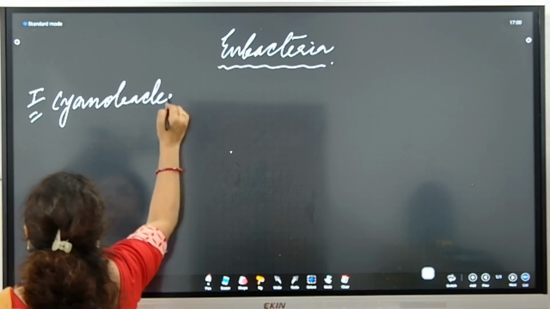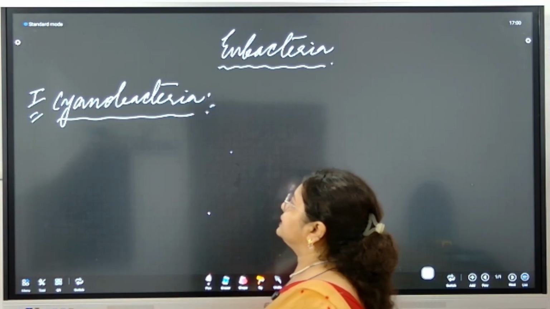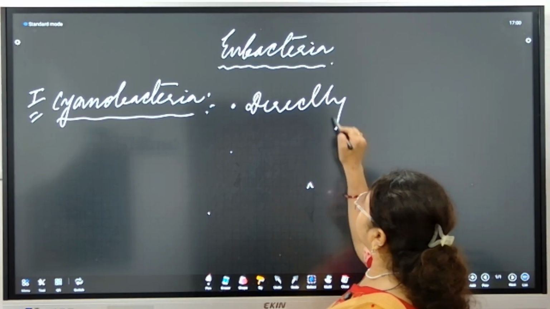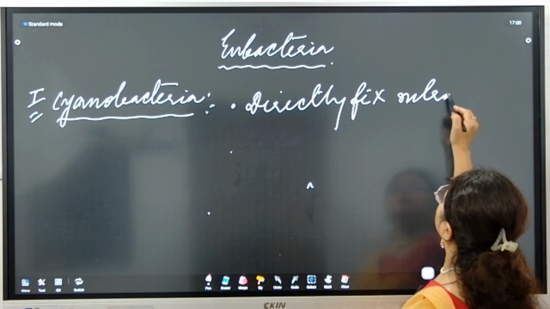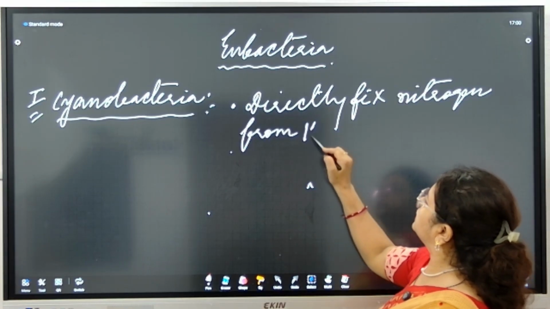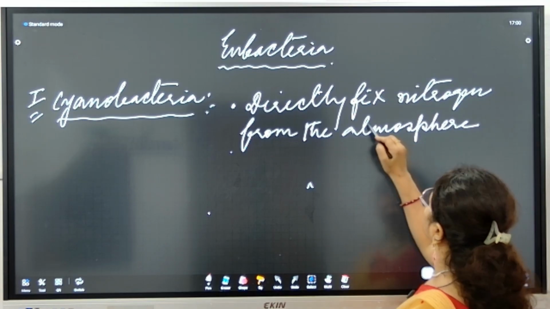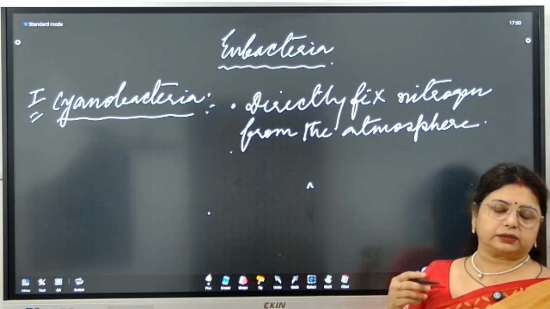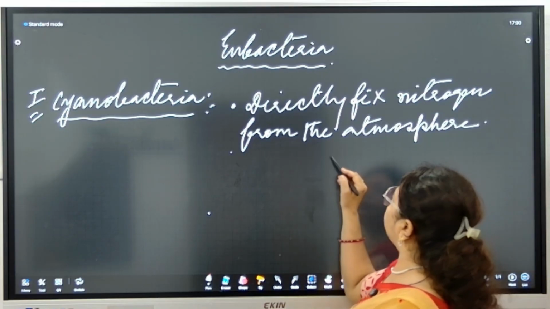Other points you will get in the notes, but the point which will come in the school exam is that cyanobacteria can directly fix nitrogen from the atmosphere, which plants and animals also cannot fix, but they can fix. How? There are some examples we will see.